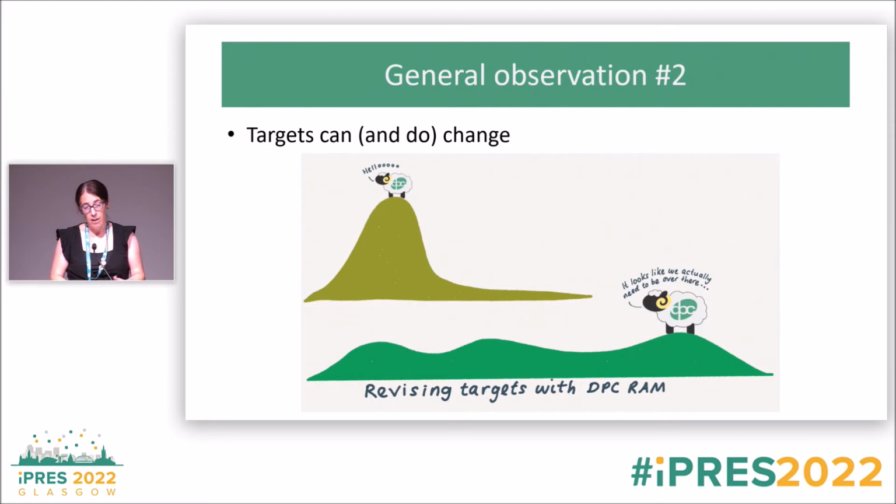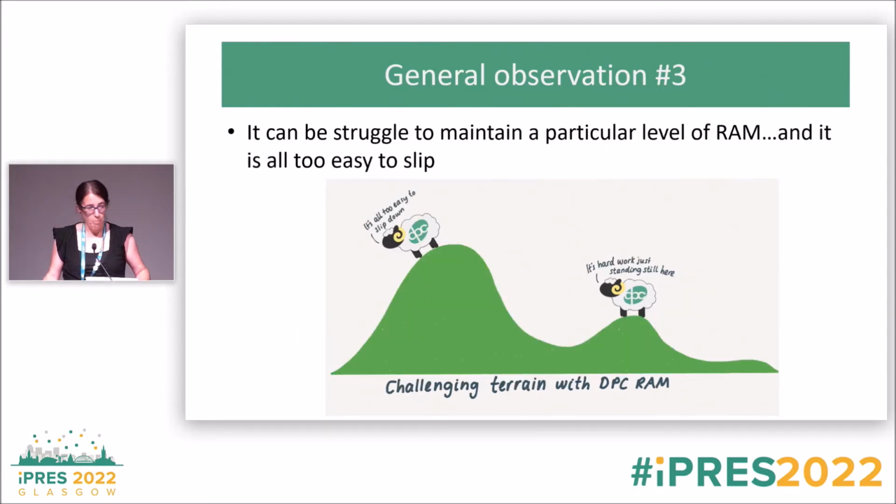Either they're revising their goals upwards, perhaps because they've reached their goal and they think, oh, we need a new goal now, we need to stretch ourselves, or downwards if they've decided, actually, that isn't really realistic for us, let's just aim for where we think we can achieve. So depending on circumstances. When you do a repeat assessment with RAM, you should not only look at your current levels, but also look at your target levels and just check in that they make sense to you and that you're aiming for the right place.